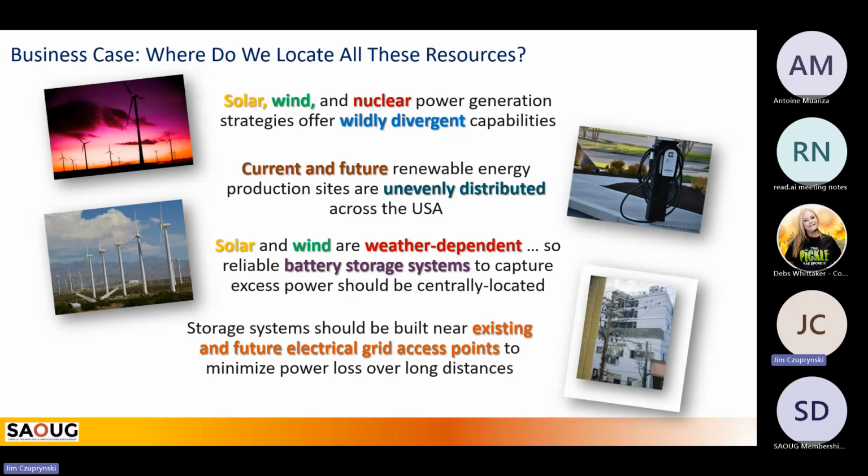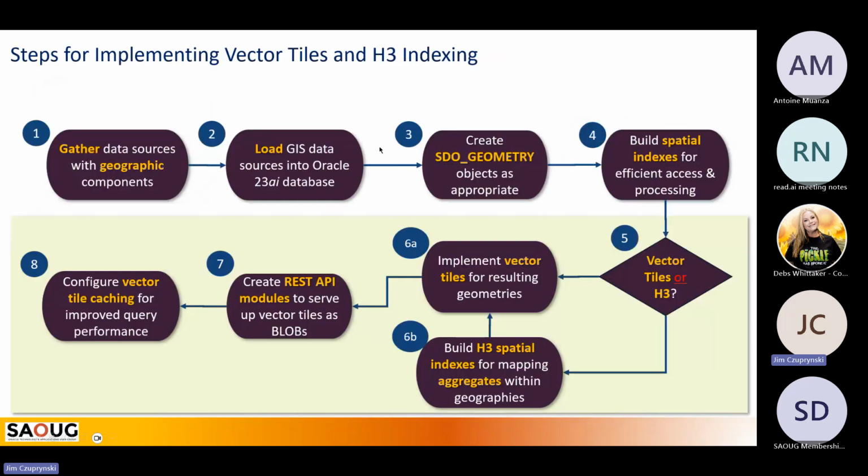And by the way, we're also going to have to think about rebuilding our electrical grid. And there's actually quite a bit of movement in that direction right now. So these are all the challenges that we're facing, and we've got to think geospatially about how we would make that happen. So that's my use case.